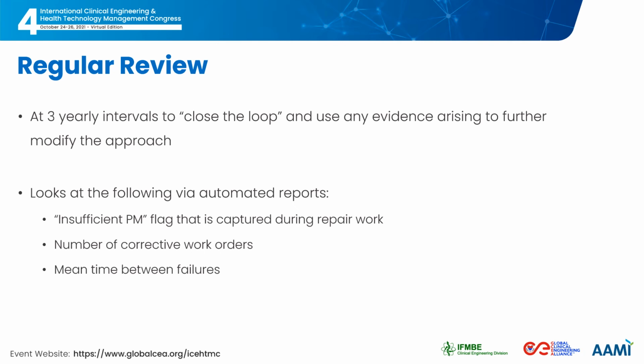Take a very simple example: a battery has failed, and that failure could have been prevented by replacing that battery at a short interval. The number of corrective work orders is measured and trended, and we look for increasing trends in those. We see whether that might be an indicator of the effectiveness of our strategy, and also a classic measure, mean time between failures, is also utilised.